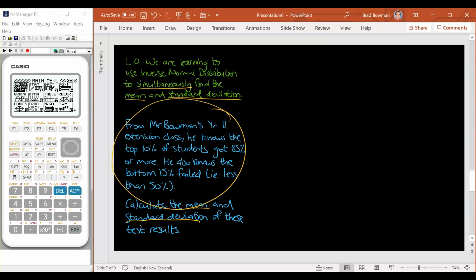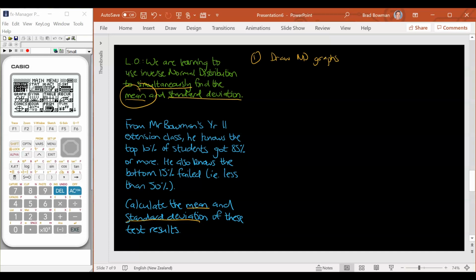So the key thing to note is we haven't been given a mean, we haven't been given a standard deviation. Our starting point is really similar to the regular questions where you're finding the mean or the standard deviation by themselves. But we're going to be doing two things for each step. The first one is draw normal distribution graphs.